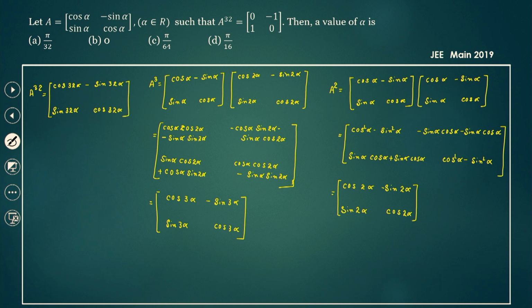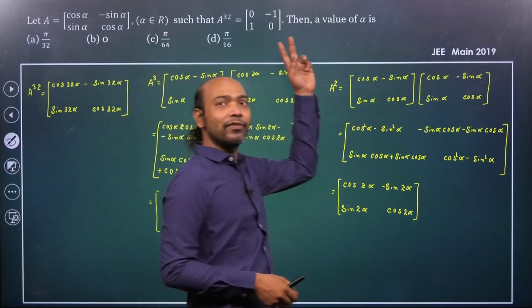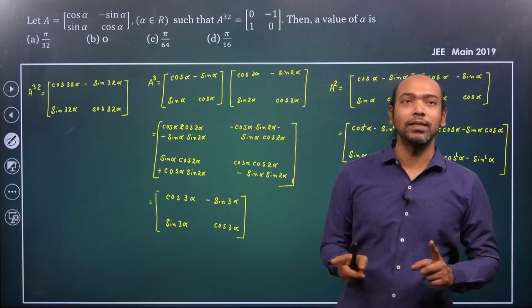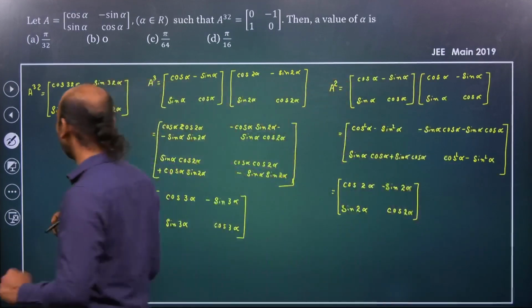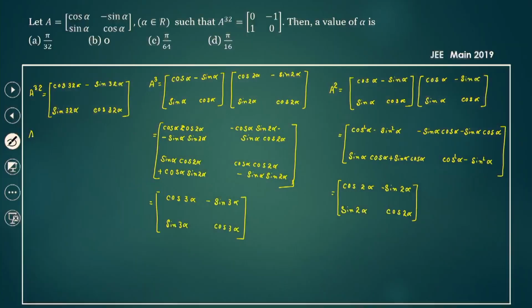Now it is given that this matrix is equal to 0, minus 1, 1, 0. So let's write it here: A^32 equals 0, minus 1, 1, 0. By comparing, cos 32 alpha is equal to 0 and sin 32 alpha is equal to 1.